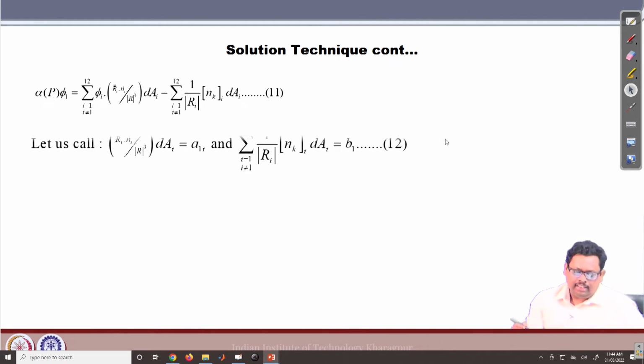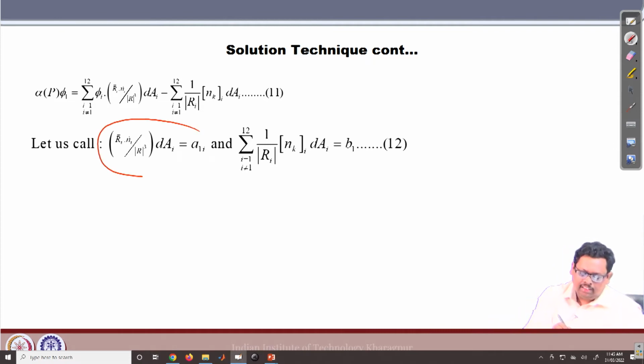Now, you call this value A1i. Now, what is the meaning of A1i? Here you need to understand each point. Okay. So, let me explain again what is called A1i here.